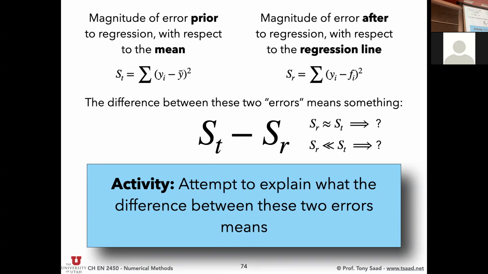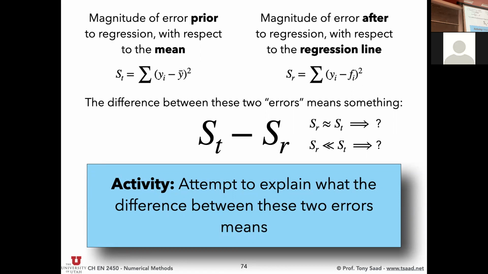Now, contrast that to the standard error when we are using a regression curve. In this case, we were just doing a straight line. We're going to extend this to any curve later. But that standard error was the equivalent of the standard deviation with the mean value. It is just how far the data are spread around your regression line.